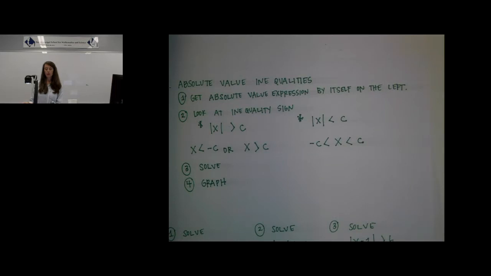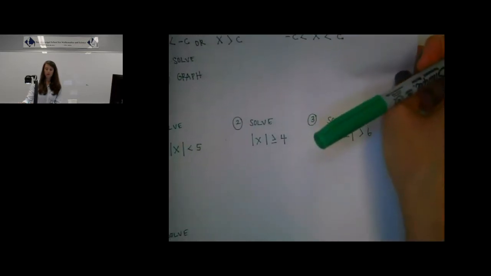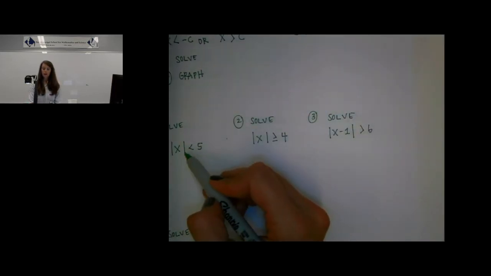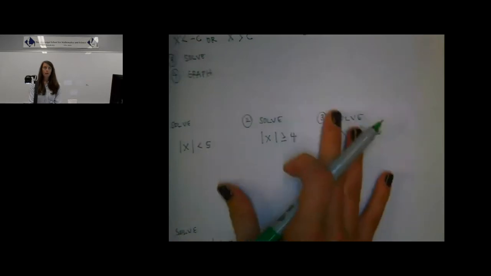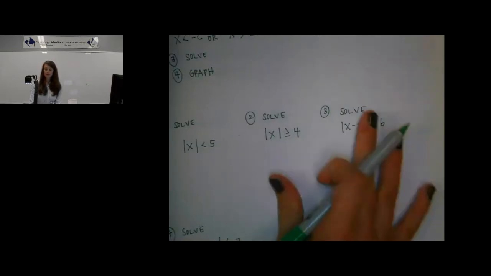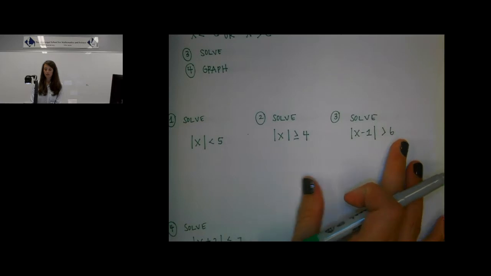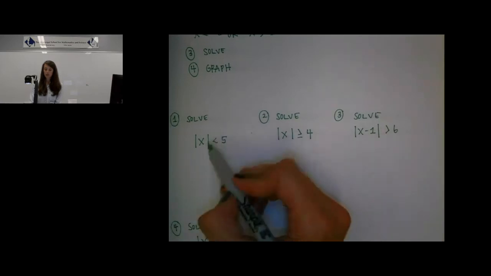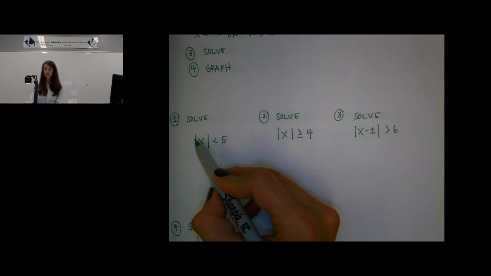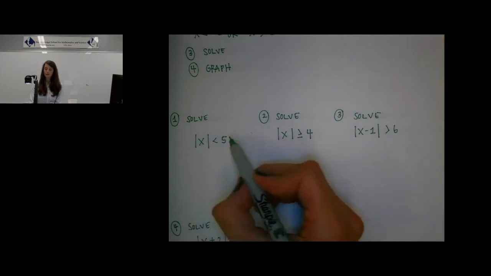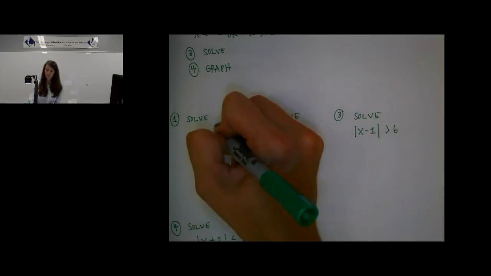All right, so let's think about this. So you know now the rules. So here I want to have absolute value of x is less than 5. Is my absolute value expression by itself? It is. And what is my sign here?